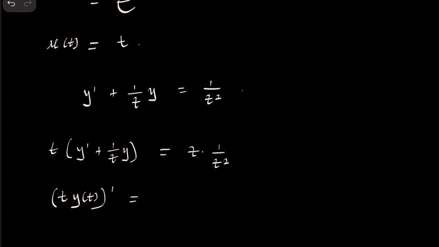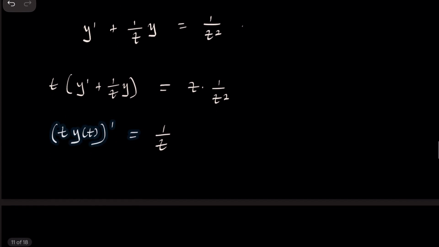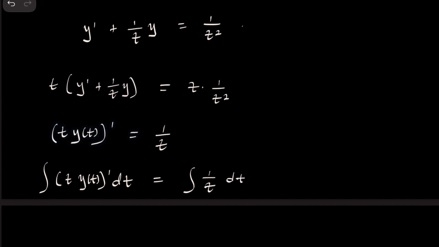Then it is equal to, this will cancel one of these, and so we are going to have our result to be 1 on t. Now we integrate both sides, right? So we are going to have the integral of the left hand side, which is t y of t all primed, integrating with respect to t, is equal to the integral of 1 on t dt.